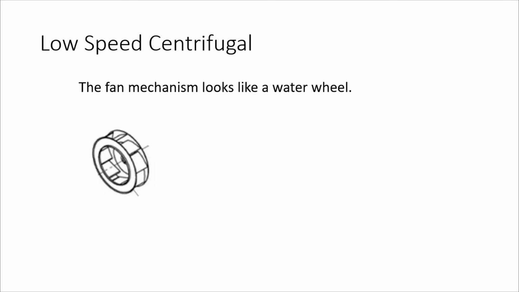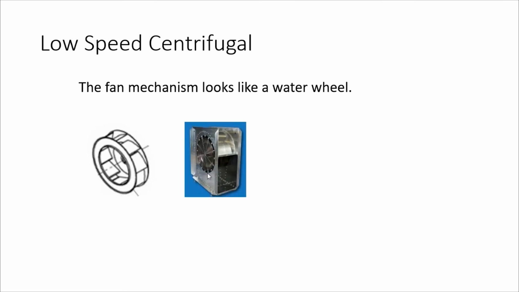So I'm just going to walk through all the different types of fans and discuss their merits. The fan mechanism for a low speed centrifugal is just your standard centrifugal water wheel type mechanism. It basically looks like this. The electric motor is on the back side here.